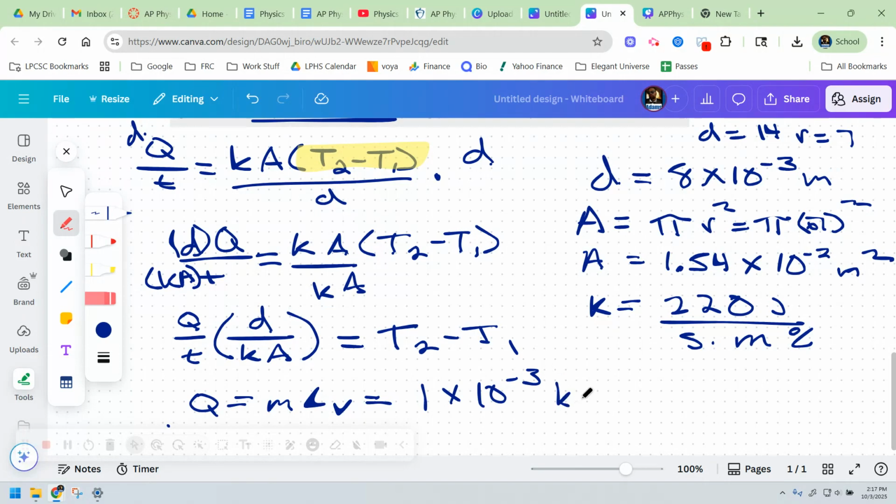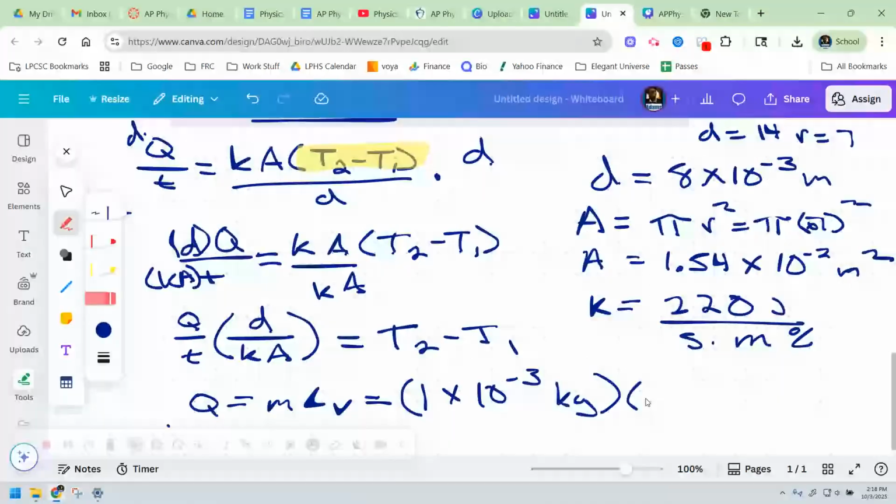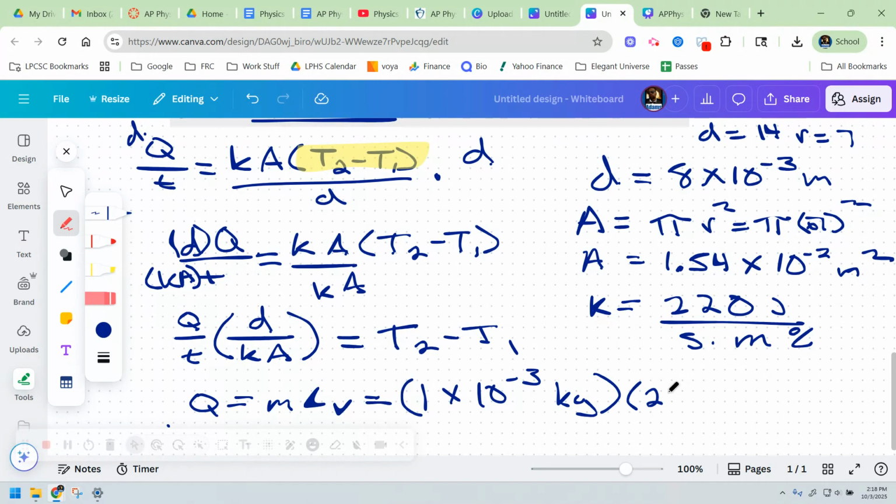And then I just need the latent heat for, you guys got that memorized off the top of your head? For vaporization for water. 2256. Yep, 2256, very good. Times 10 to the 3.